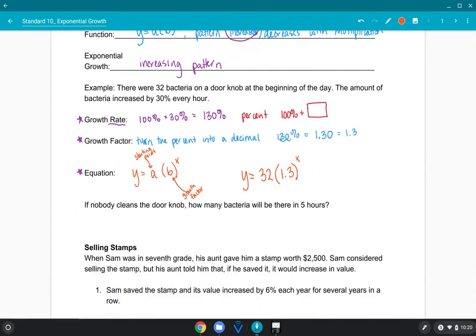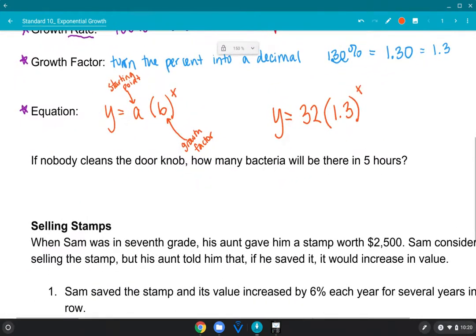If nobody cleans the doorknob, how many bacteria will there be in 5 hours? So another thing I want to tell you guys about this equation is X is the time, usually, and Y is the total number. And so in this case, we want to know the total number after 5 hours.